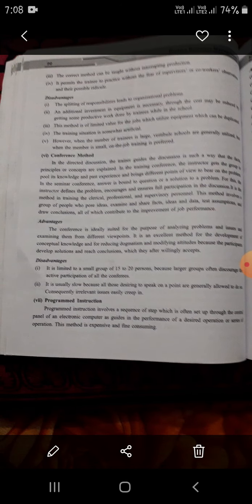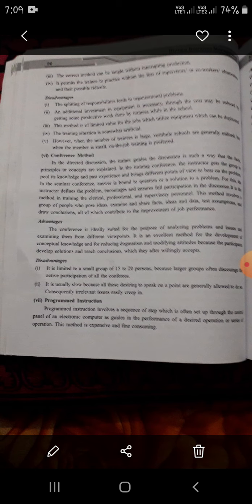Next, the sixth method, conference method. In the directed discussion, the trainer guides the discussion in such a way that the facts, principles or concepts are explained. In the training conference, the instructor gets the group to pool its knowledge and past experience and brings different points of view to bear on the problem.